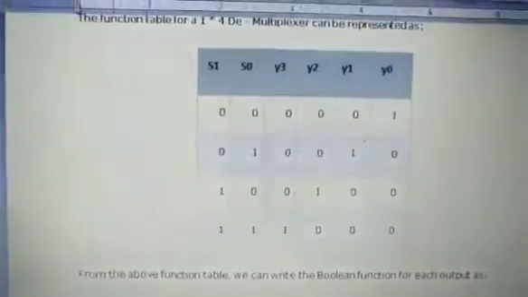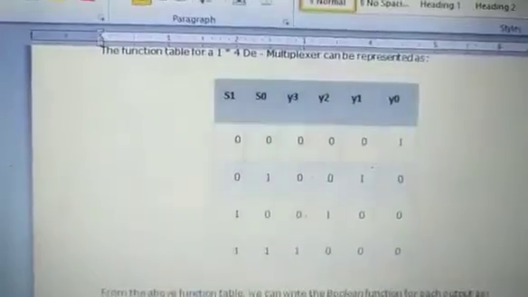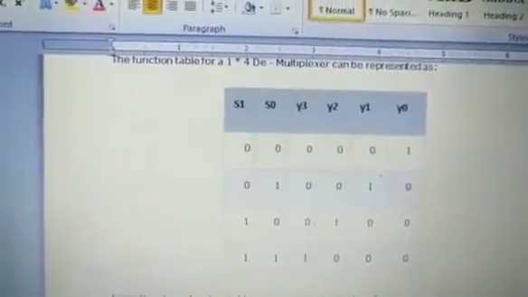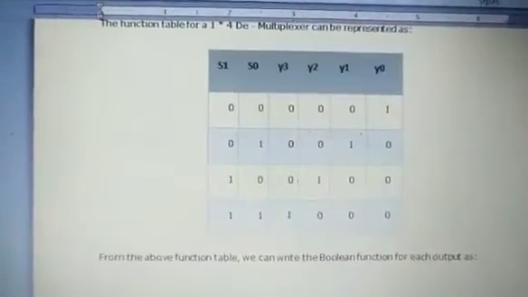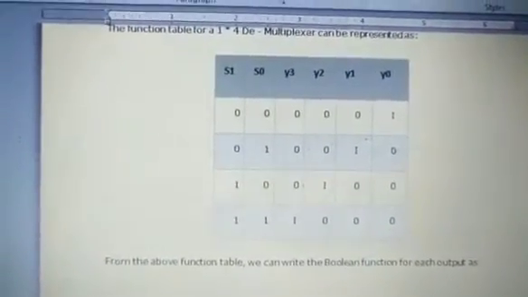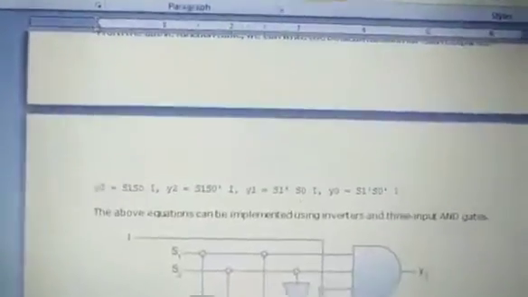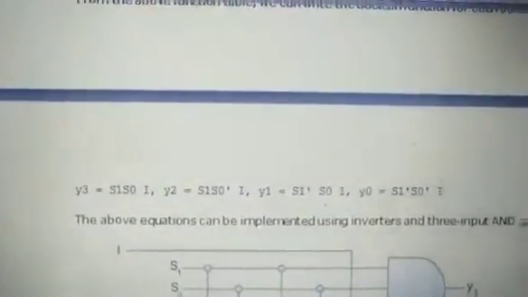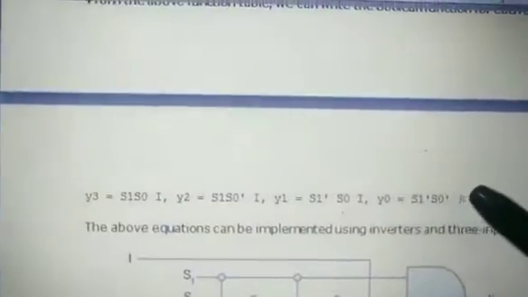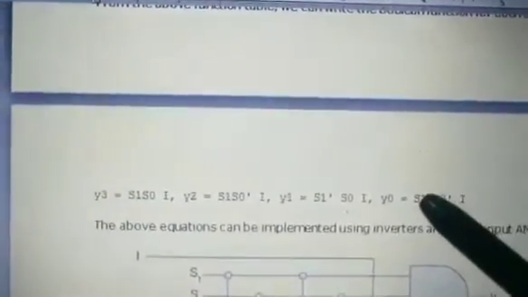From this truth table we came to the Boolean expressions for the outputs. This is the expression for each output. For Y0 we get I, S0 bar, S1 bar.